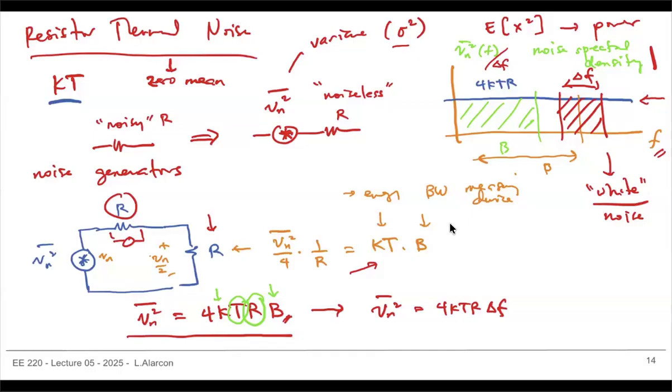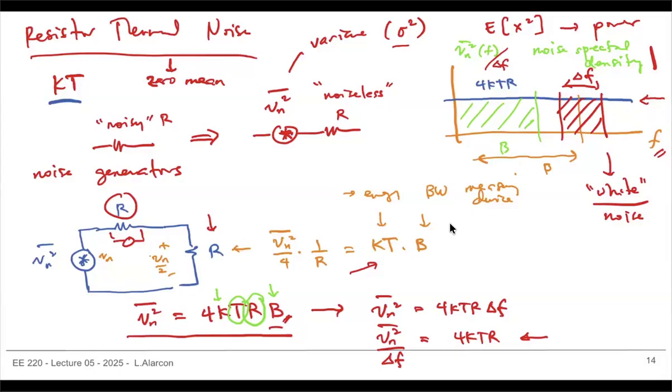And hence, the spectral response can also be written as Vn squared over delta F, which is equal to 4kTR. Either of these notations says exactly the same thing. Either you look at the spectral density, how the noise behaves over an incremental frequency delta F, or over a certain bandwidth, but they can be the same.